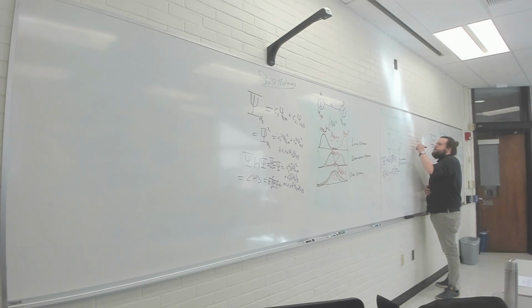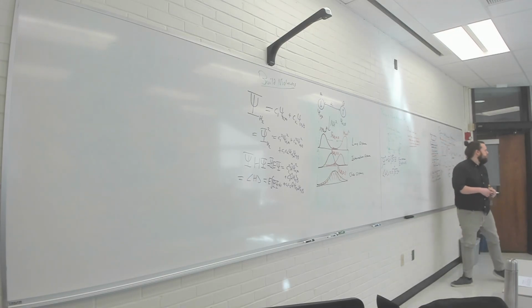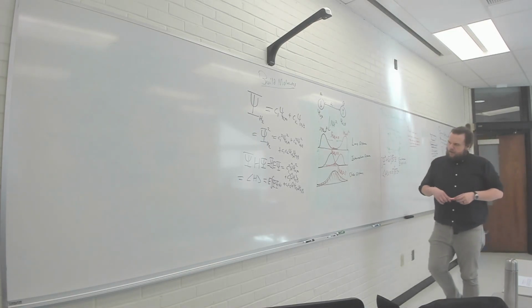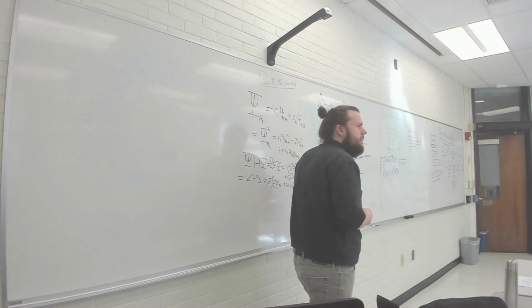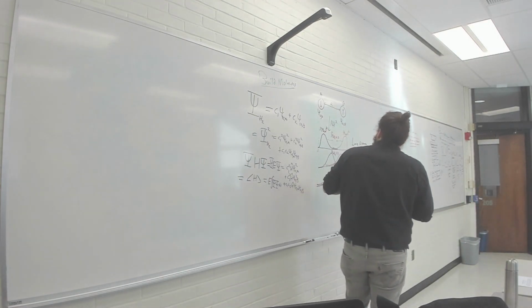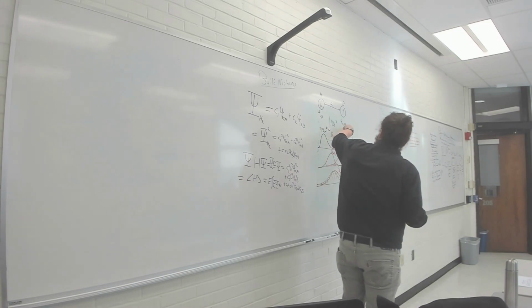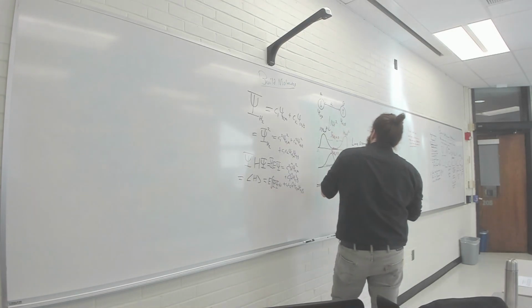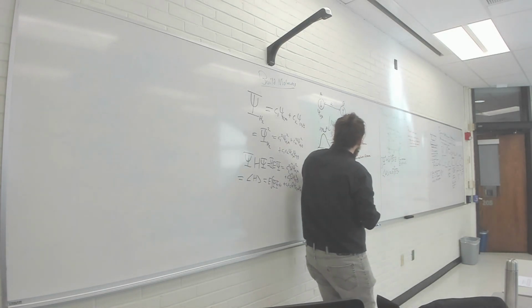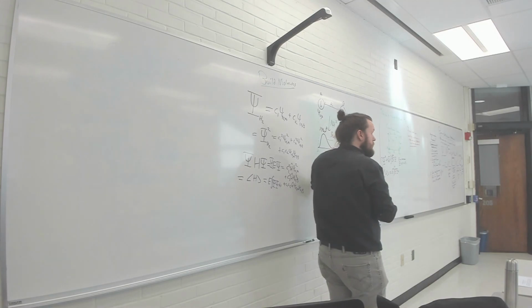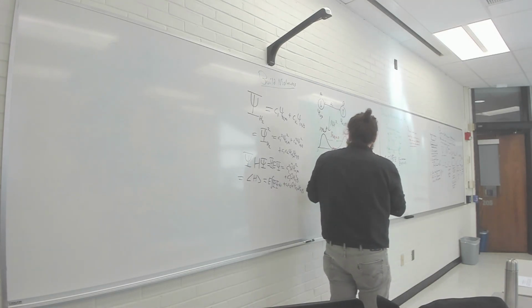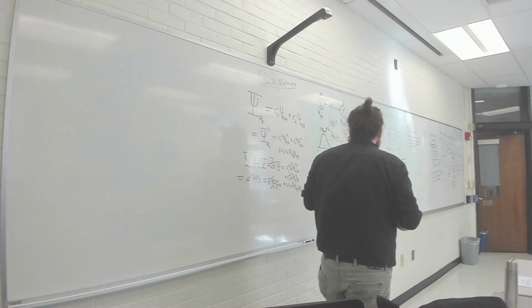And if you remember the description of covalent bonding from general chemistry, this idea that atoms share electron density across bonds, that's what this means. Basically what this means is that there's some probability that electron B is in the area of atom A, and there's some probability that electron A is in the area of atom B. They overlap, they share each other's density.